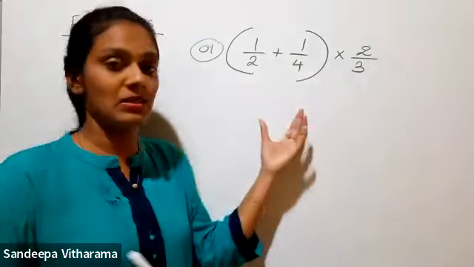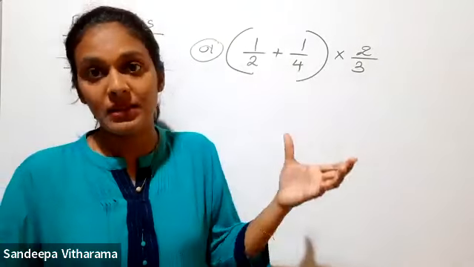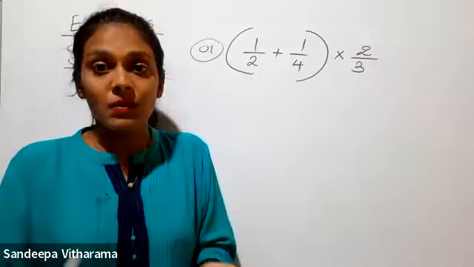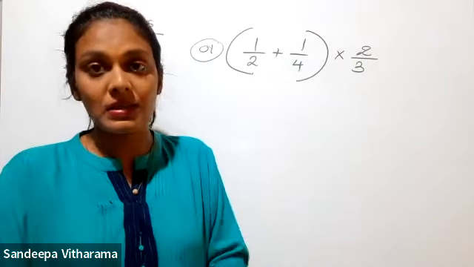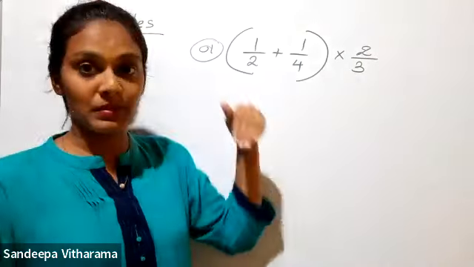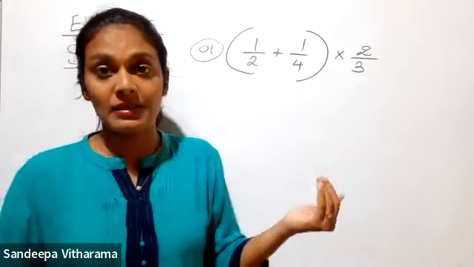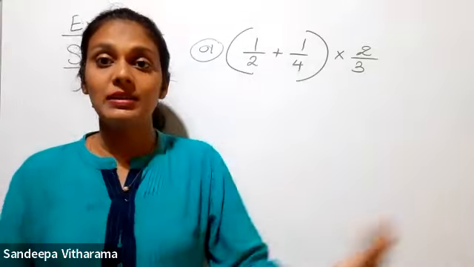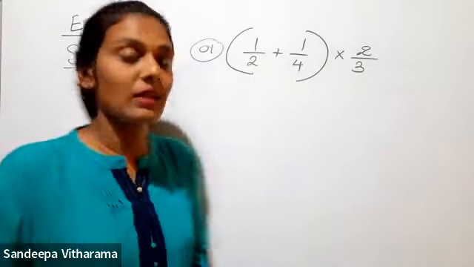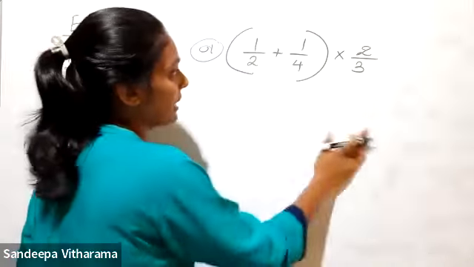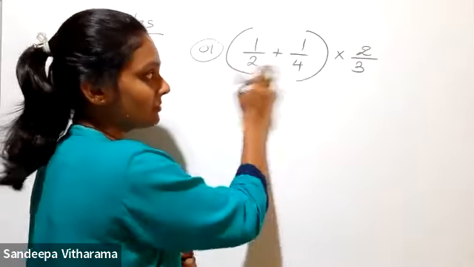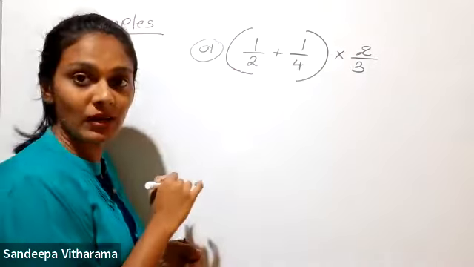When you look at this one, you can see there is a bracket. So we have to solve what is within brackets first. Then within the brackets, it is an addition with different denominators. So first of all, we have to make the two denominators into one common denominator.